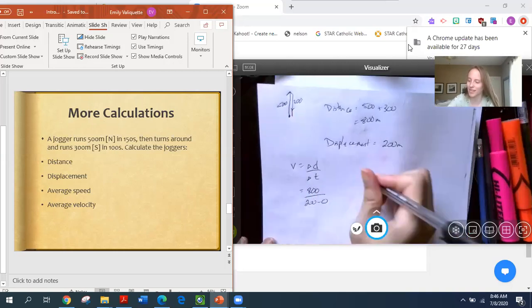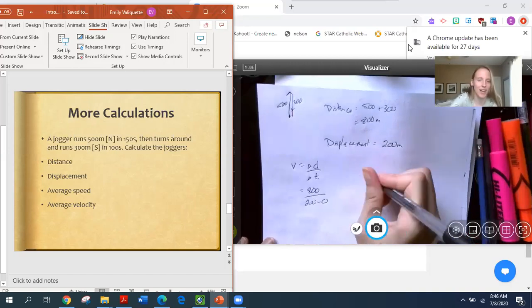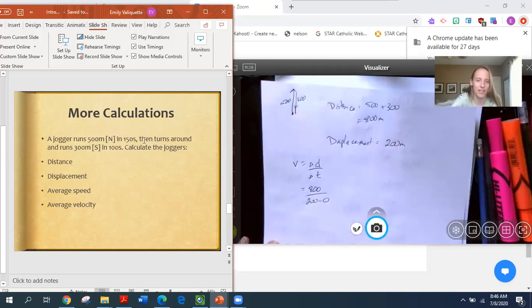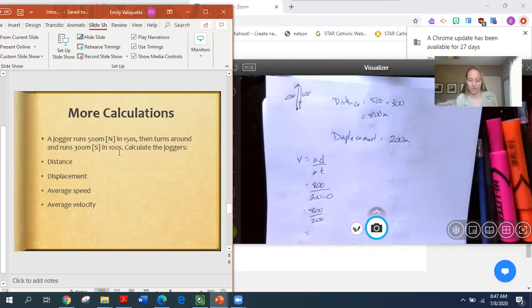And get that 200 by just adding the 150 seconds and the 100 seconds. So 800 divided by 200, which I think is 4. It's terrible that I don't trust myself to do that in my head. Yes, it's 4 meters per second because they were measuring their distance in meters and their times in seconds.